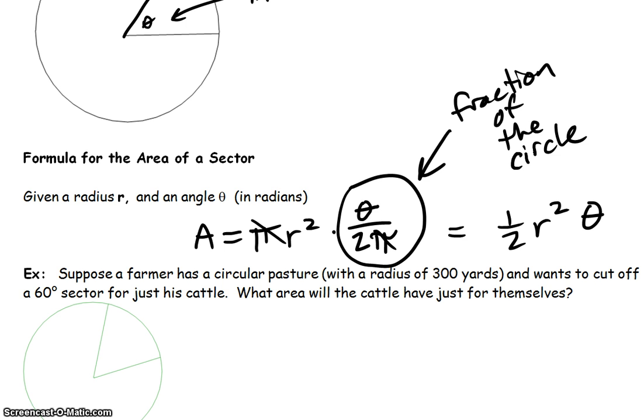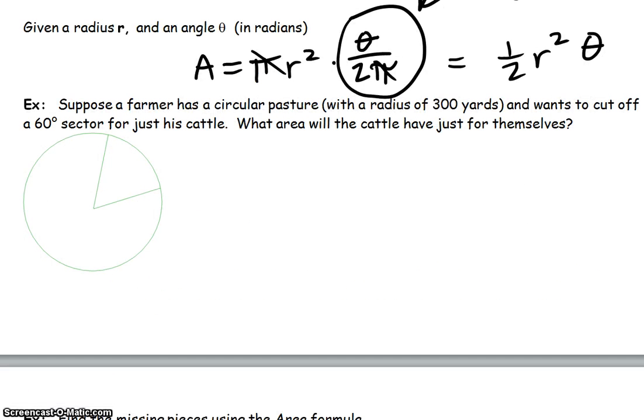So let's take a look at how this applies. Suppose a farmer has a circular pasture with a radius of 300 yards and wants to cut off a 60-degree sector. So you should know by now that that reduces to pi over 3, just for his cattle. What area will the cattle have just for themselves?